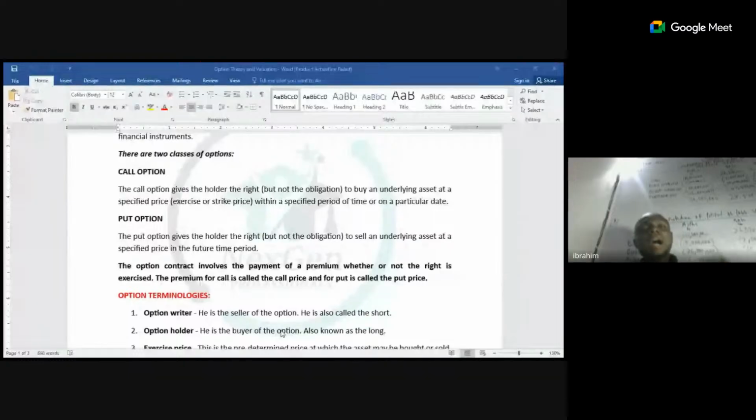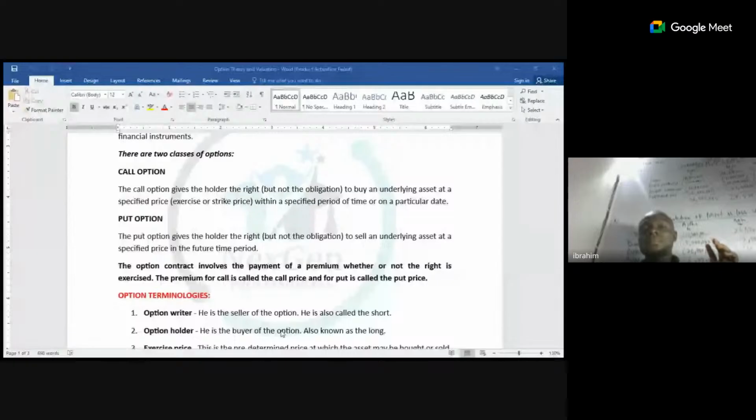Class, in the option markets, there is what we call the option premium. In the stock market, when you buy shares, in the process of buying that share, there is what we call transaction costs. Whether you are buying or selling shares, you incur a cost in the stock markets called transaction costs.